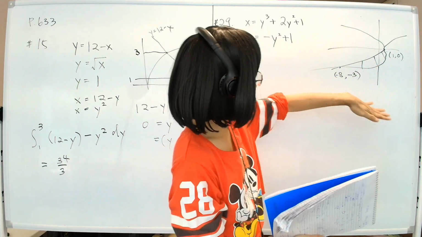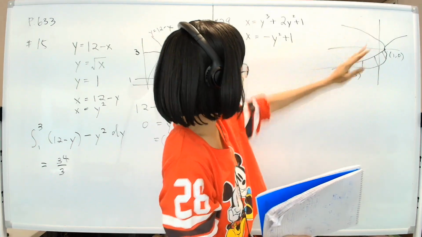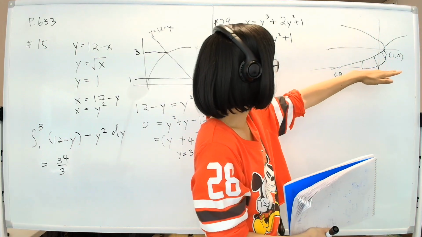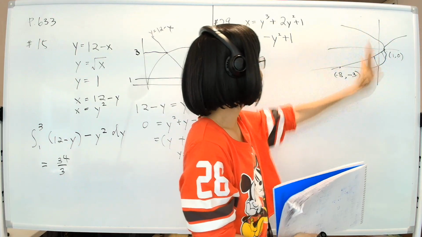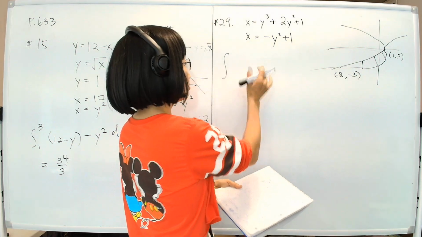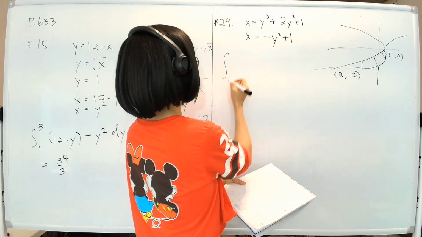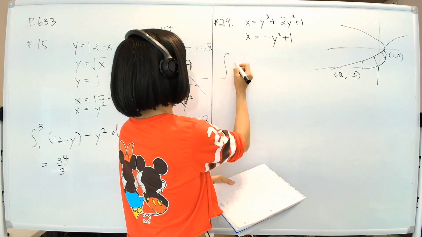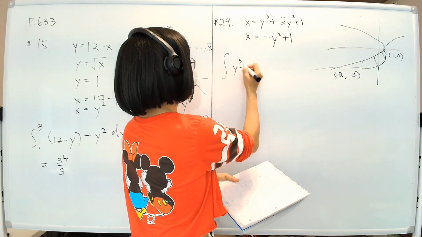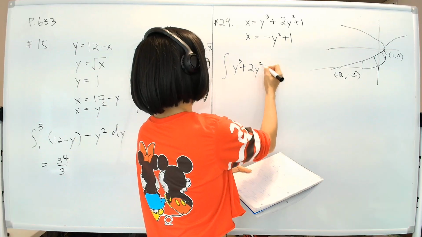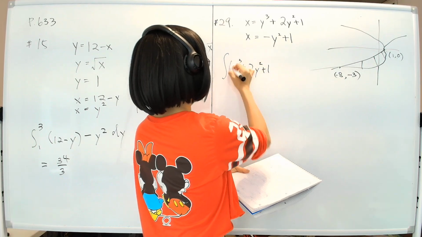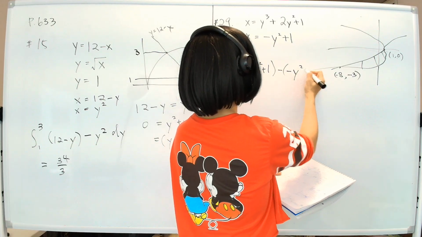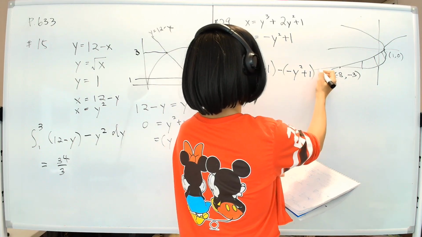If you lean your head sideways, on the positive side, well, anyway, the point is the top function would be the cubic function, y cubed plus 2y squared plus 1. That's your top function, subtracted by the bottom function, which is minus y squared plus 1, and then dy.